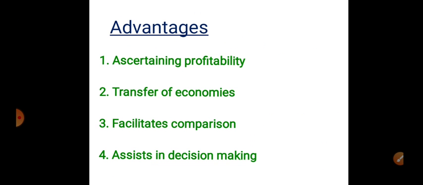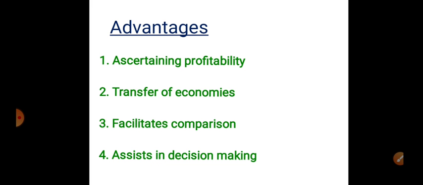Next one, facilitates comparison. Inter-process profits facilitate the comparison between the cost and market price of the output of each process. Under each process we can compare cost and market price. Next one, assists in decision making. This is already covered under the objectives.